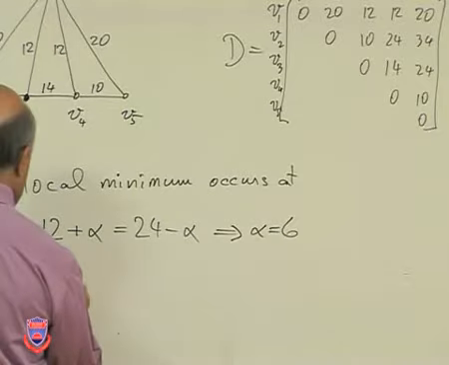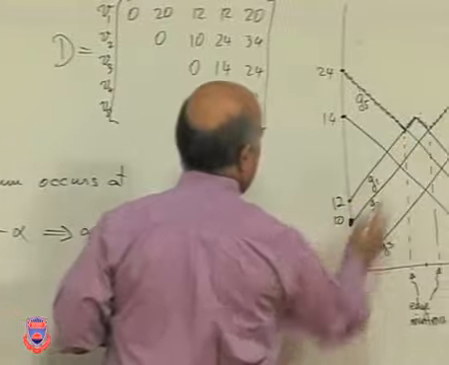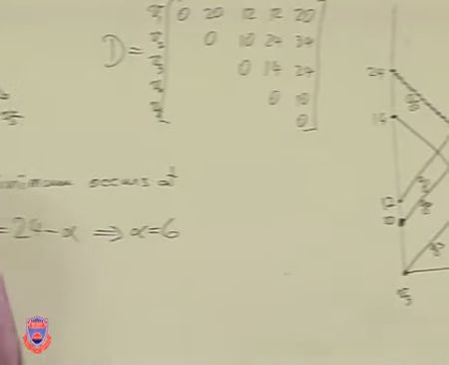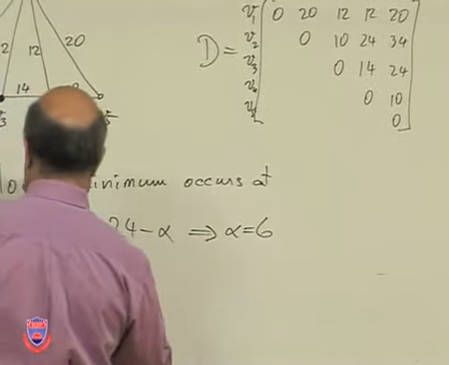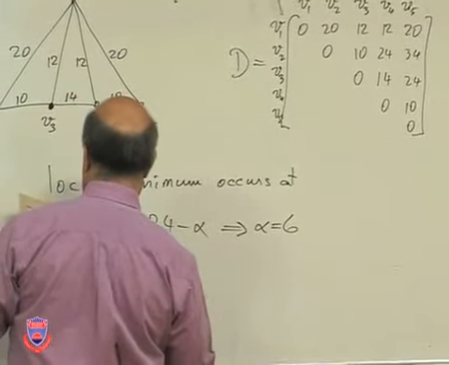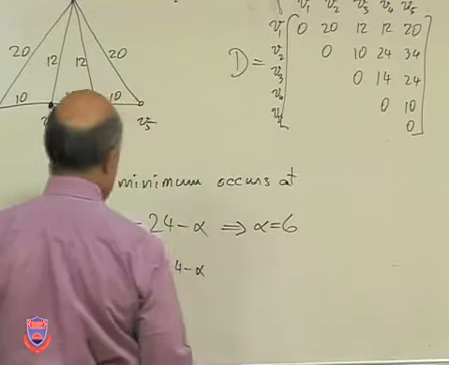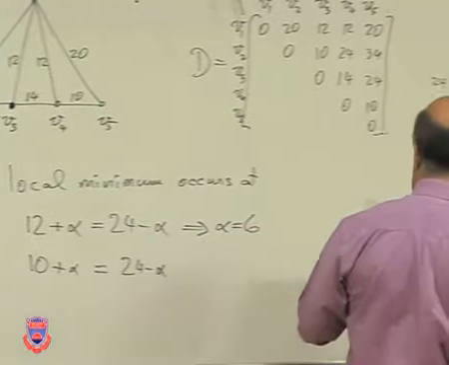The other one occurs at 10 plus alpha, which is this guy, G2, intersecting 24 minus alpha, right? Or is it 26 minus alpha? Why is that?